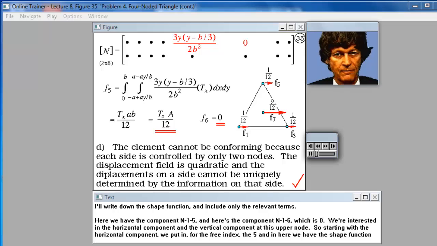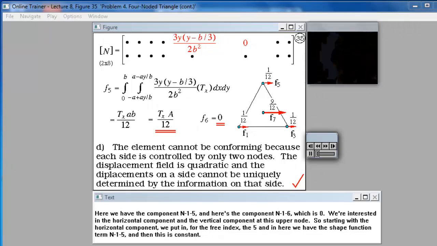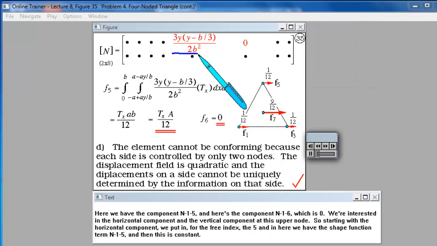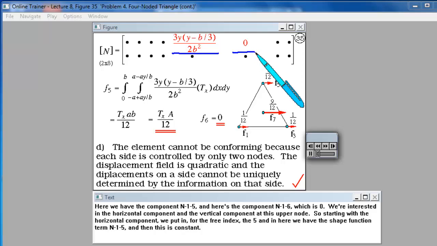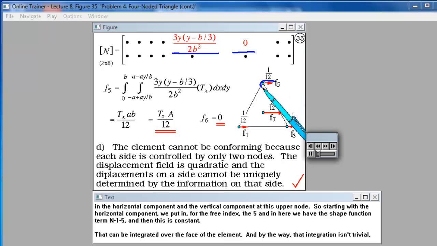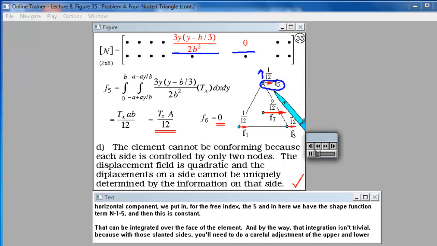I'll write down the shape function and include only the relevant terms. Here we have the component N15, and here's the component N16, which is 0. We're interested in the horizontal component and the vertical component at this upper node.